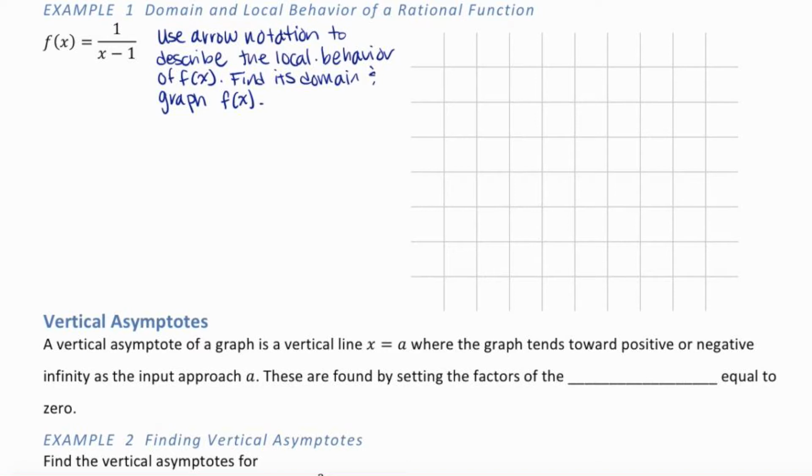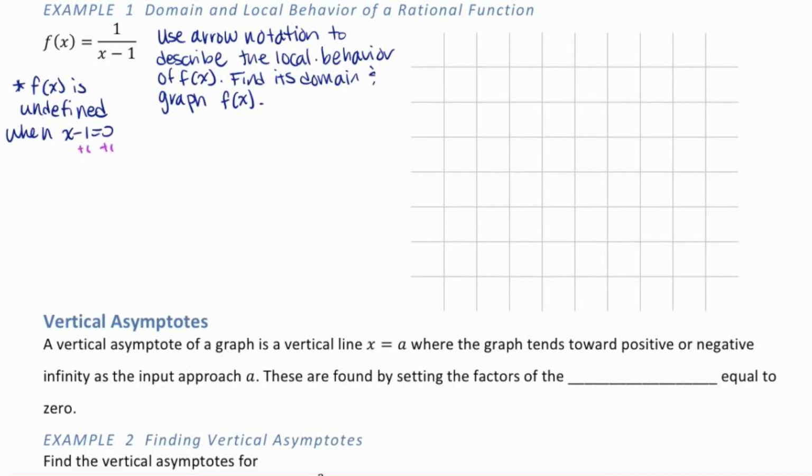Let's start by looking at where this function is undefined. If you recall, we cannot have a 0 in the denominator of a fraction. So f of x is undefined when x minus 1 equals 0.